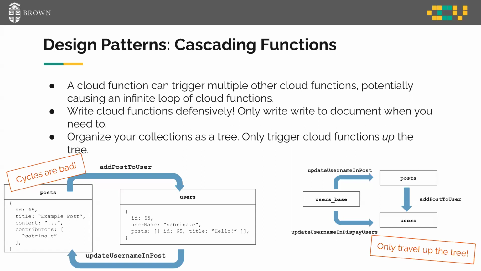That triggers two things, and then the update to your post collection would trigger a users collection, which doesn't go back to trigger the post collection. Organizing that in a tree gives you a good sense of when a cloud function is going to fire, what else it is going to trigger, and how we can make it so that it doesn't circle back and retrigger itself.